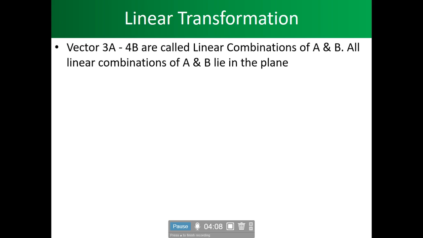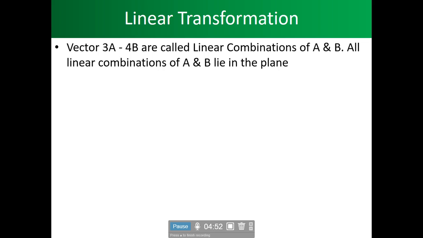When we talk about linear transformation, a vector, which can be called 3a minus 4b, is called a linear combination of a and b, because you're doing multiplication of a and b, and you're doing some adding and subtraction to a and b. And so when you do that, you are combining different linear vectors.